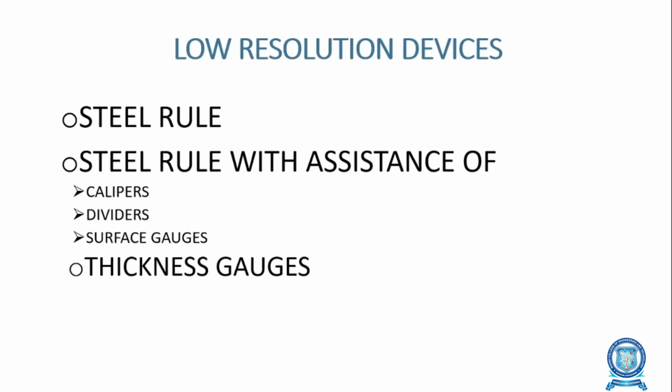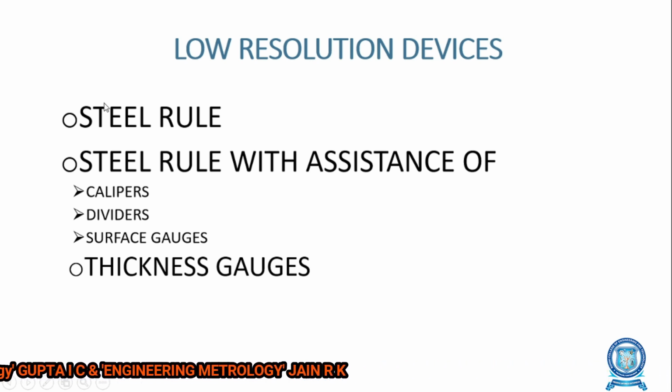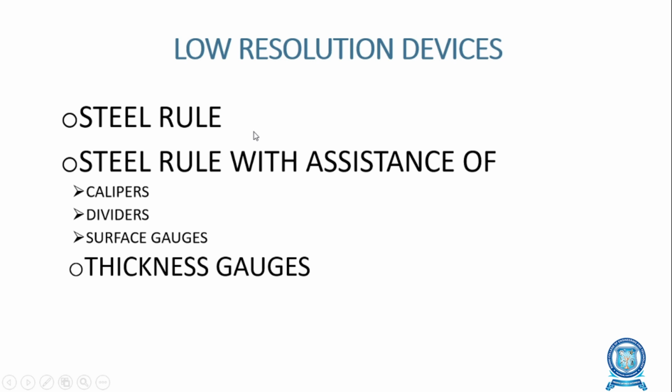Okay, now we are going to see the three different classifications of linear measuring instruments. First one is low resolution devices. In low resolution devices, first one is the steel rule.